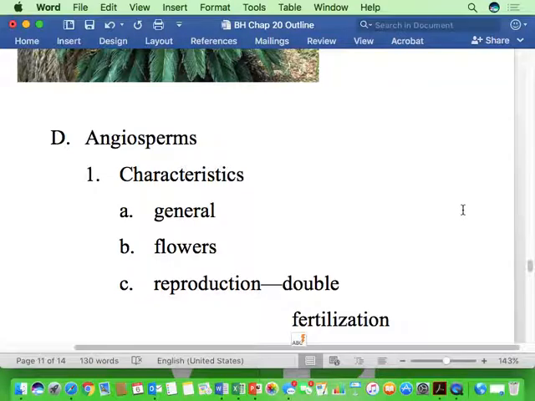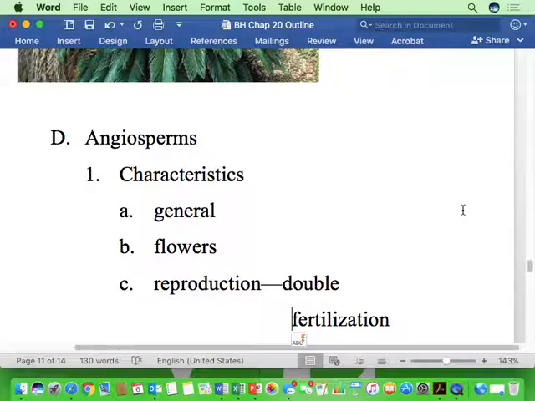One sperm will fuse with the egg, so normal fertilization, to produce a diploid zygote. And then that diploid zygote will develop within the ovary. The other sperm fuses with the female gametophyte to produce the endosperm.